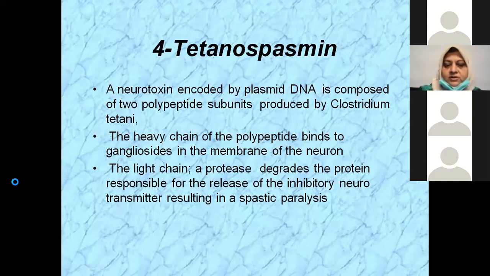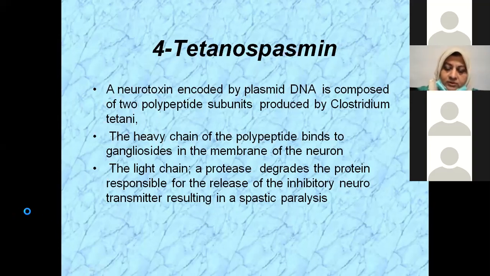And this neurotoxin's proteins are encoded by a plasmid, and again two polypeptide subunits form this toxin. The heavy chain binds to gangliosides in the membrane of the neuron, and the light chain, which is a protease, degrades the protein responsible for the release of inhibitory neurotransmitter, resulting in a spastic paralysis.